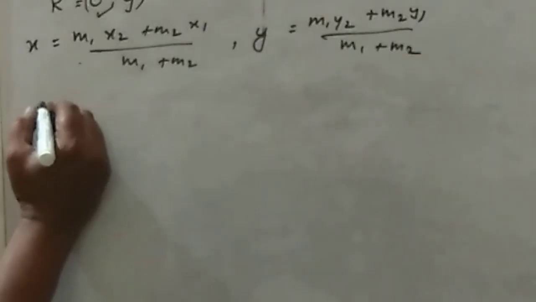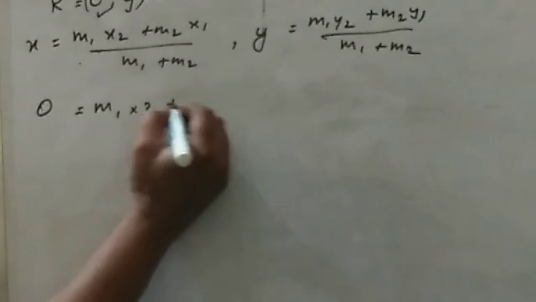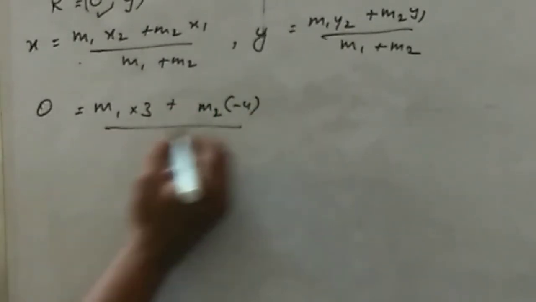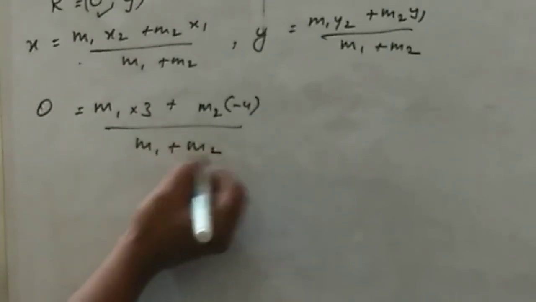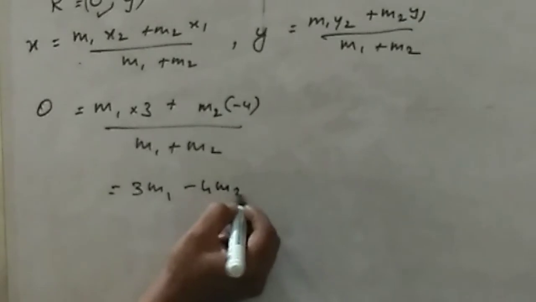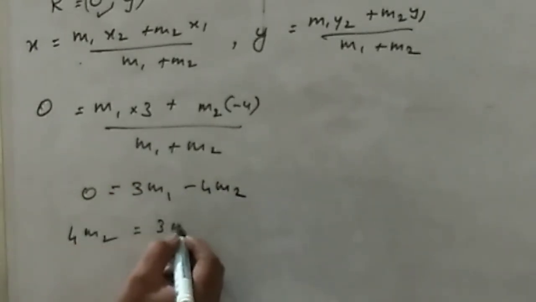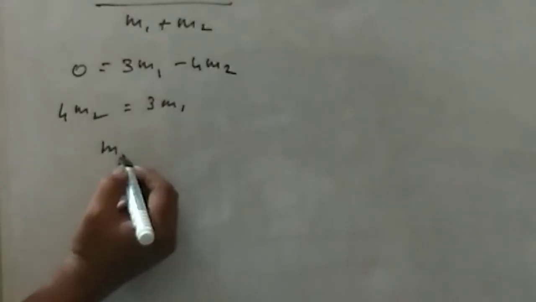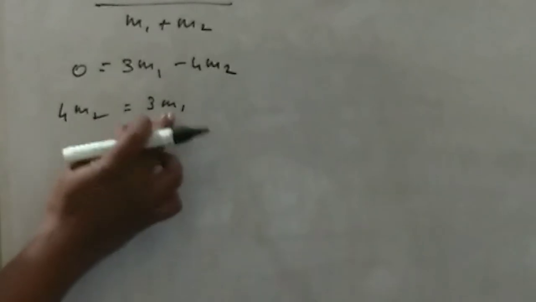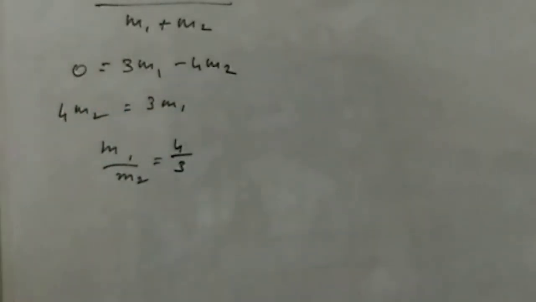Take this one. 0 is equal to (M1 into 3 plus M2 into -4) upon (M1 plus M2). Then you will write 3M1 minus 4M2 is equal to 0. Then 4M2 is equal to 3M1. Now M1 upon M2 is equal to 4 upon 3.